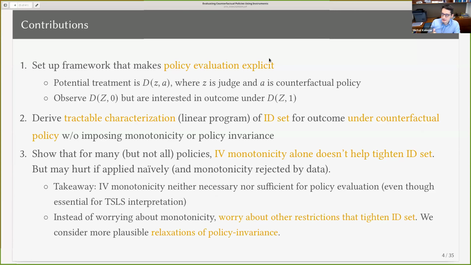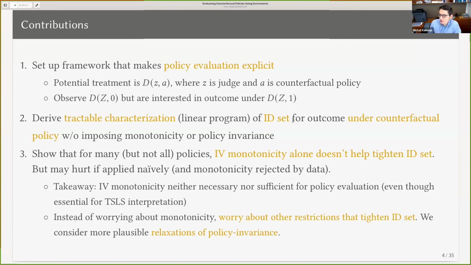And in this case, you can think of the policy as an instrument in the sense that it's going to affect the treatments, and then it may affect the outcome through the treatment as well. And so what we observe in the data is just the treatment assignments without the policy, with only quasi-random variation in the judge assignment. And what I would like to know is what are the outcomes under this policy where I observe the counterfactual policy assignment.